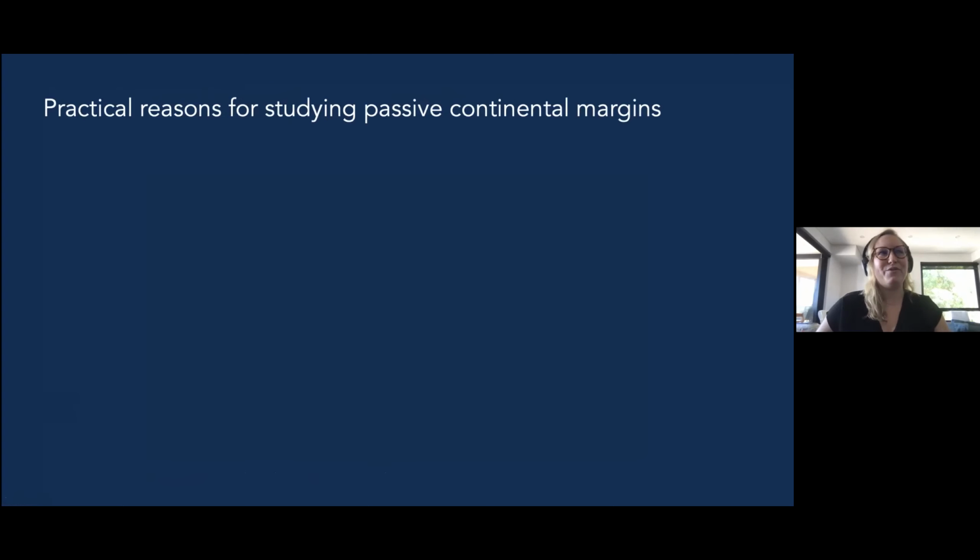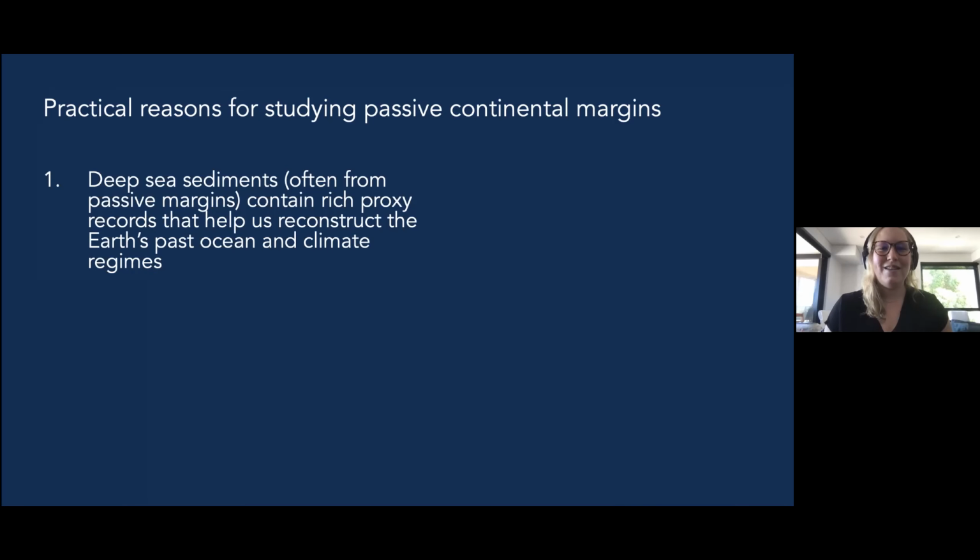And as I mentioned before, this area of the world, the deep sea, is a place of enormous scientific intrigue, but scientific intrigue alone is not enough to pay the bills. So I will offer some practical reasons for why you should care about what's happening on submerged passive continental margins. And the first is the role that deep sea sediments play in offering very rich proxy records that help scientists to reconstruct Earth's past ocean and climatic changes.